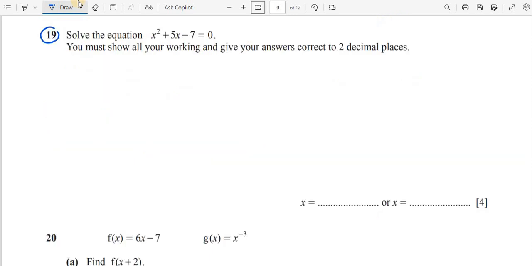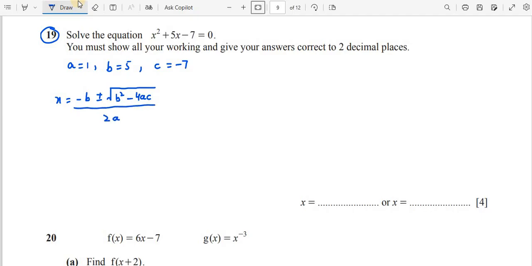Question number 19. Solve the equation x squared plus 5x minus 7 is equal to 0 using the quadratic formula. Here a is equal to 1, b is equal to 5 and c is equal to minus 7. So x is equal to minus b plus or minus the square root of b squared minus 4ac, over 2a.